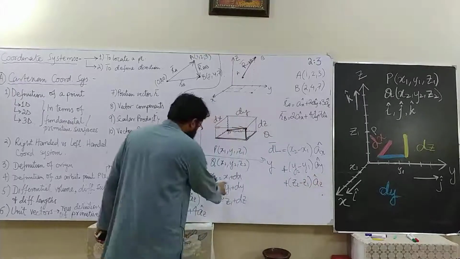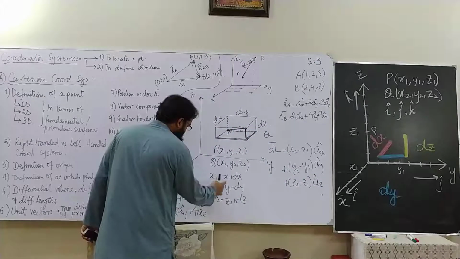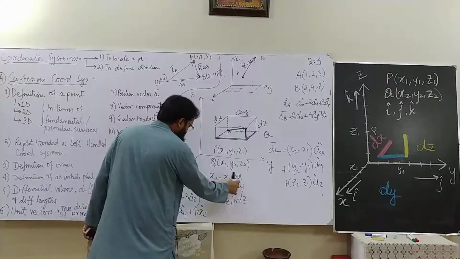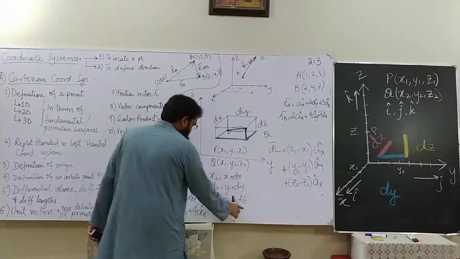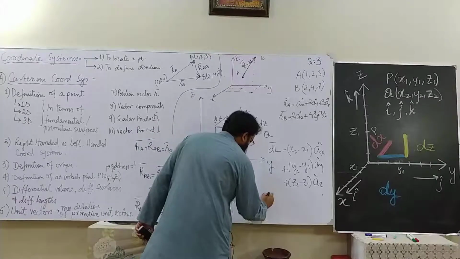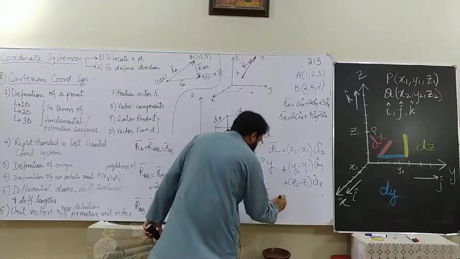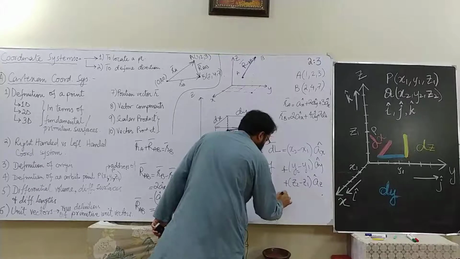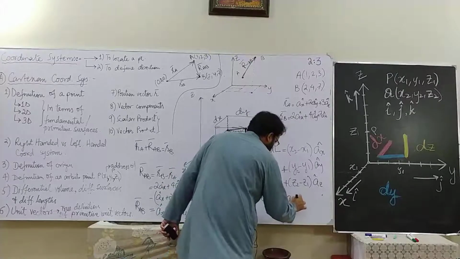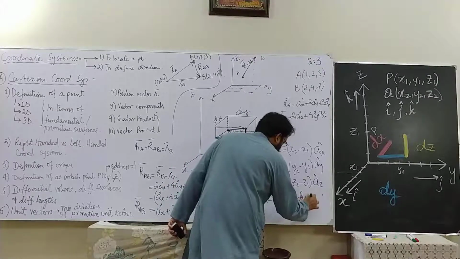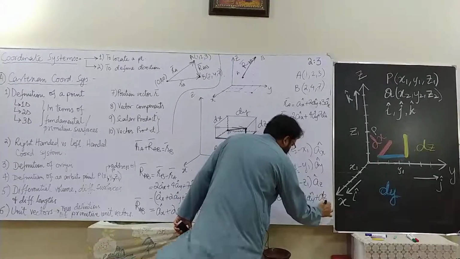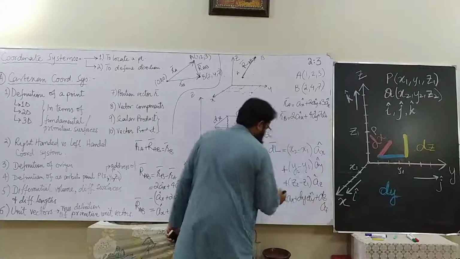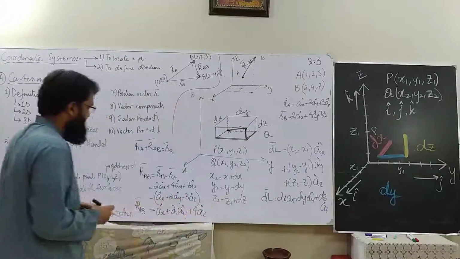This expression tells us x2 minus x1 is dx, y2 minus y1 is dy, z2 minus z1 is dz. So we get the result dx AX plus dy AY plus dz AZ. This is how we got the formula for differential length.